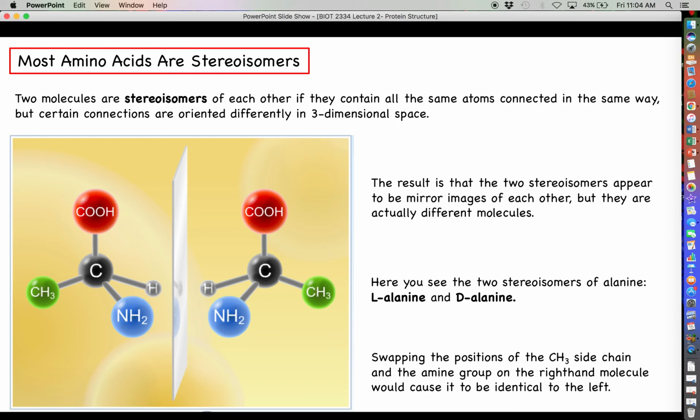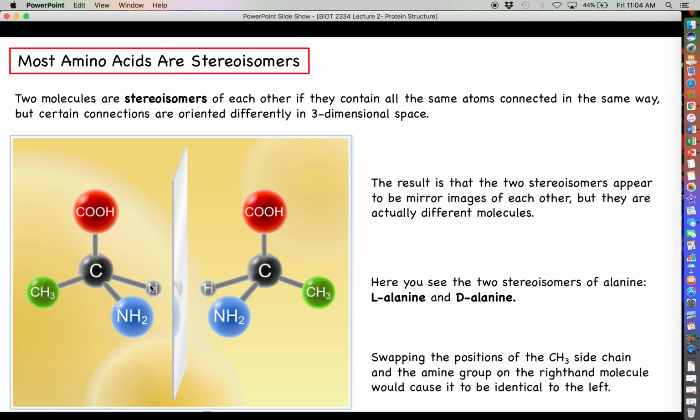So the result of having two different stereoisomers like what you see here: you've got your alpha carbon, your carboxyl group, your amino group, you've got your side chain here of CH3, so that means we're dealing with the amino acid alanine, and then also a hydrogen atom here.